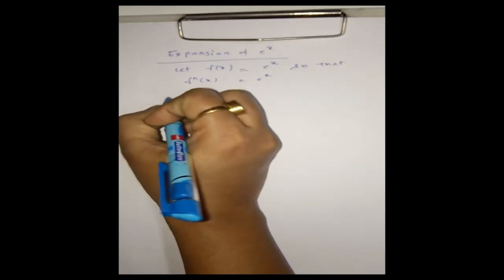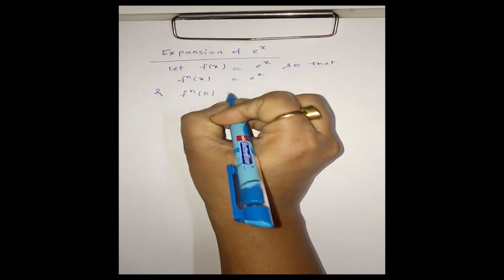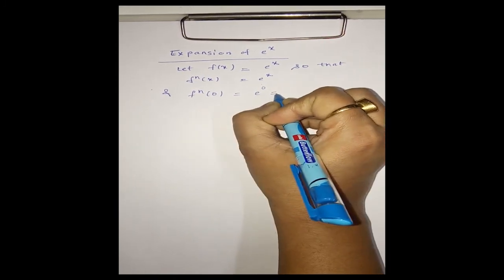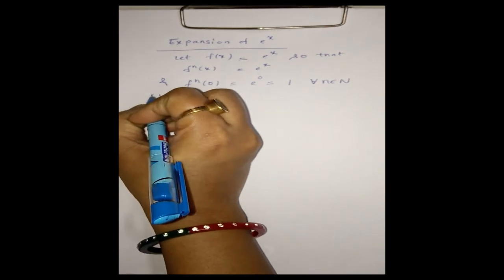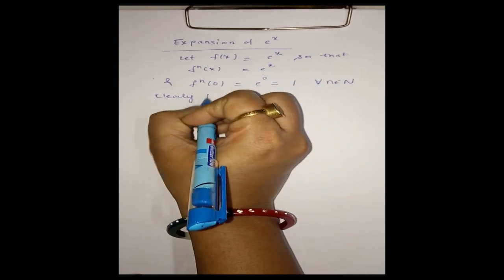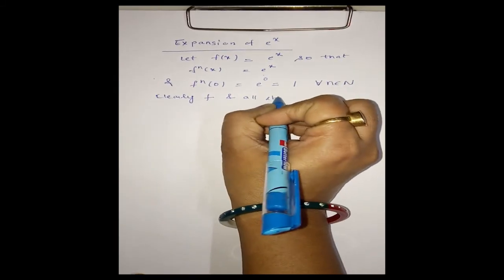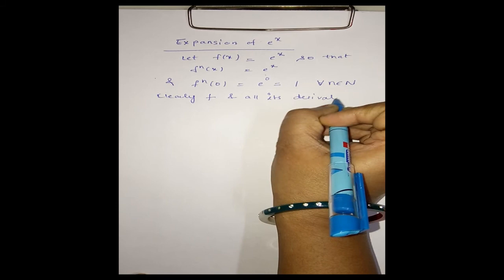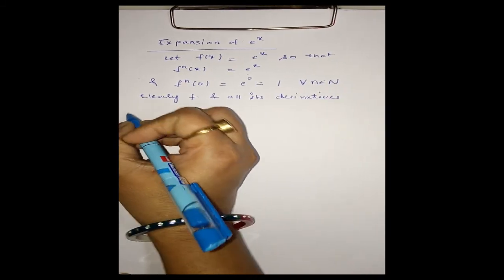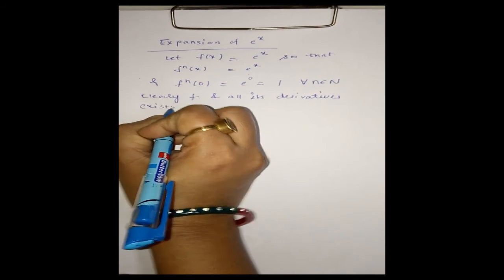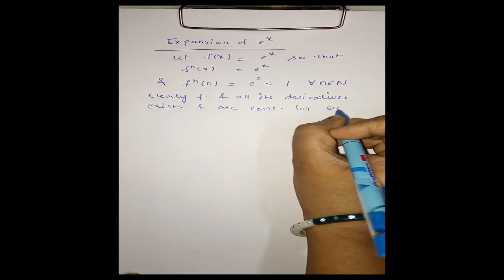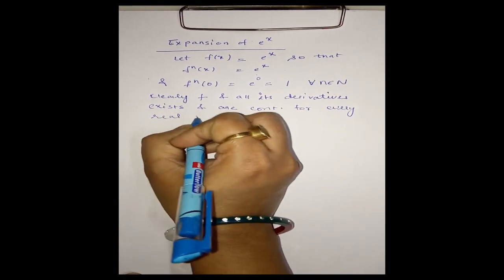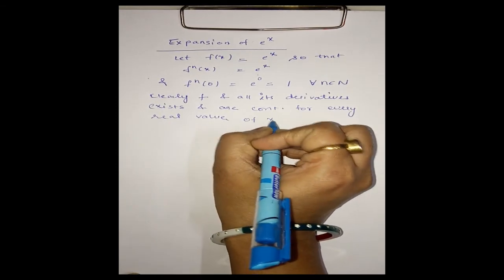And f^n(0) is e^0, which is equal to 1 for every n belonging to N. Clearly, f and all its derivatives exist and are continuous for every real value of x.